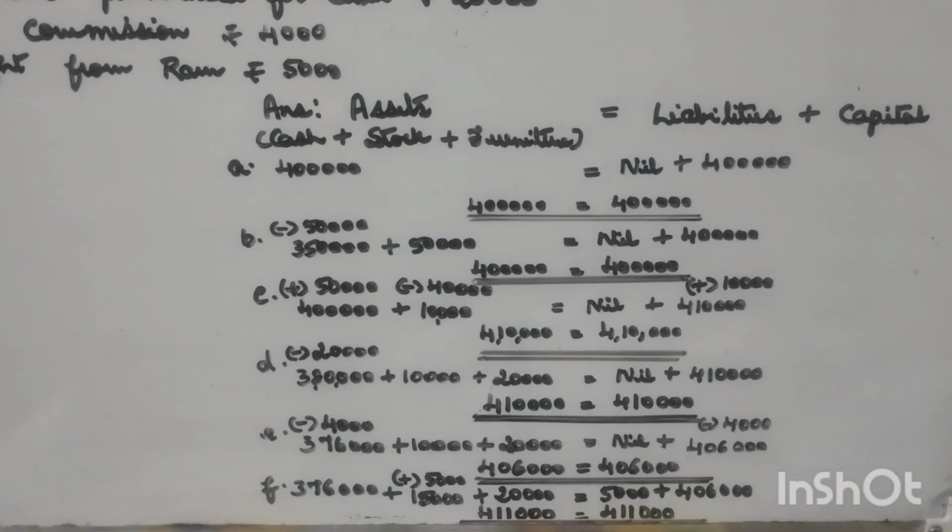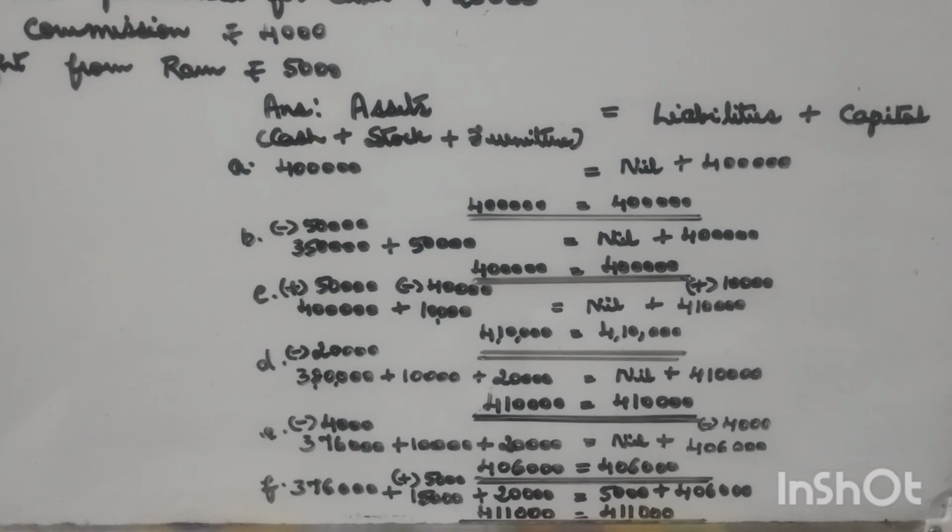Now the present cash balance will be 3,76,000. Stock 10,000. Furniture 20,000. Liabilities nil. This 4,000 has to be deducted from the capital amount also. So that will be 4,06,000. So we can equalize: 4,06,000 is equal to 4,06,000.